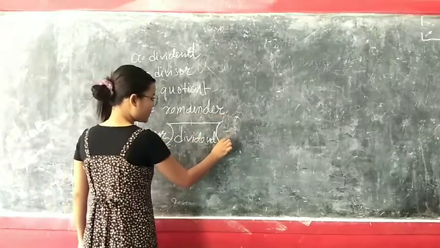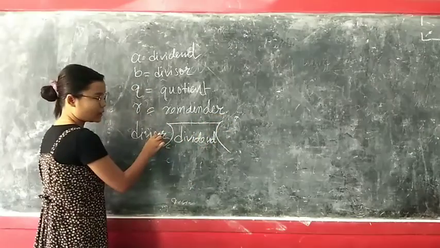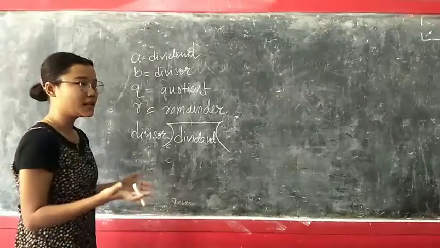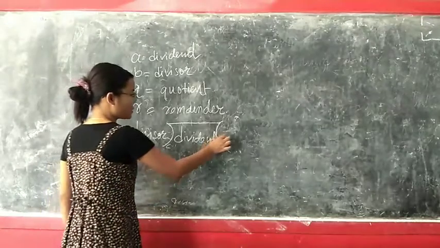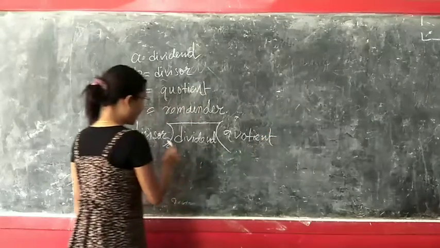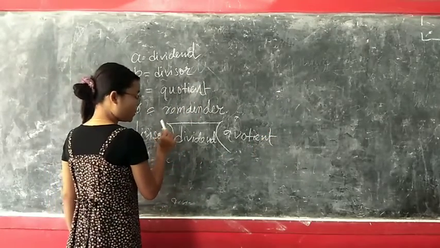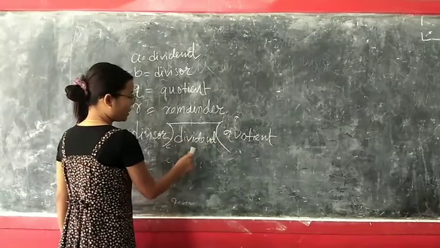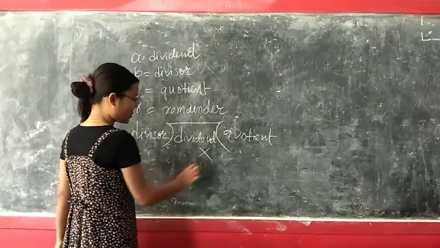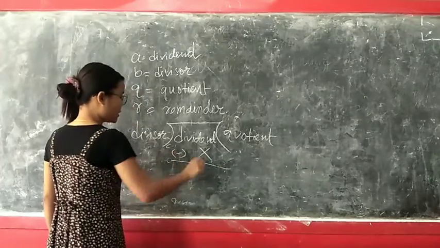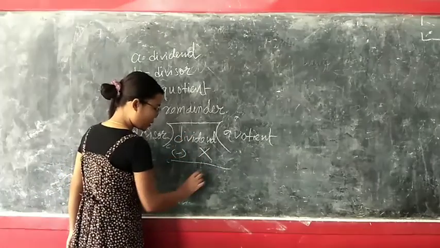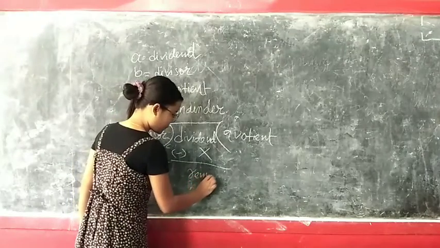The number that we multiply with the divisor such that the result is equal to the dividend, or almost nearby to the dividend, is known as the quotient. Say, when you multiply the divisor and the quotient, the number does not come exactly as the dividend, but it is just some number, say x. When you subtract this x from the dividend, you get some number, and that number is known as the remainder.